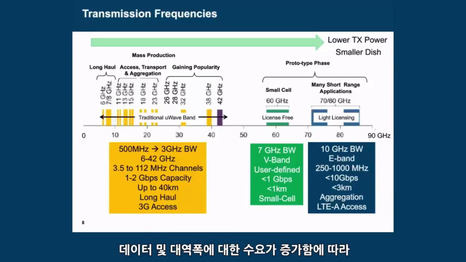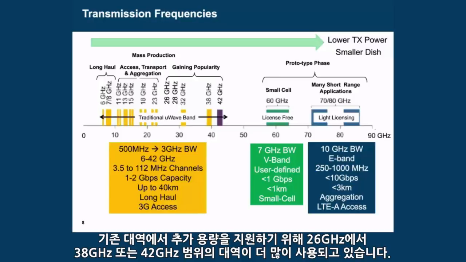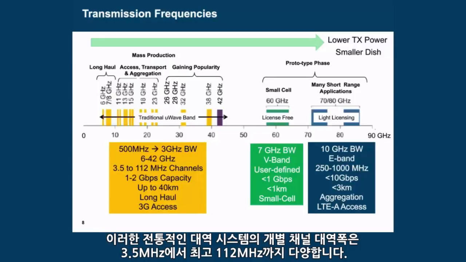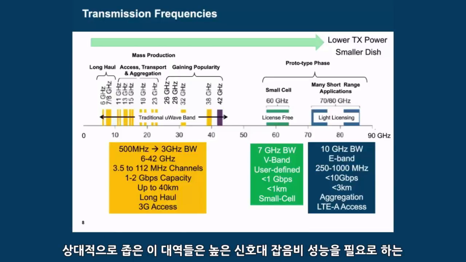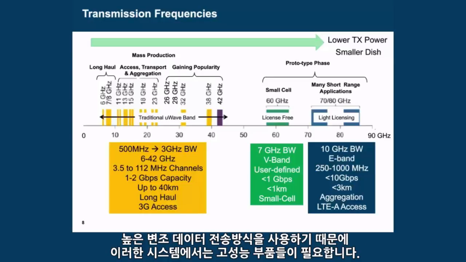Due to the increasing demand for data and bandwidth, more bands are gaining popularity in the 26 to 38 or 42 gigahertz range as well to provide additional capacity support in the traditional bands. In these traditional band systems, the individual channel bandwidths vary from 3.5 megahertz up to 112 megahertz. These bands, though relatively narrow, require high-performance components in their systems as they use high modulation data transmission schemes that need high signal-to-noise ratio performance.